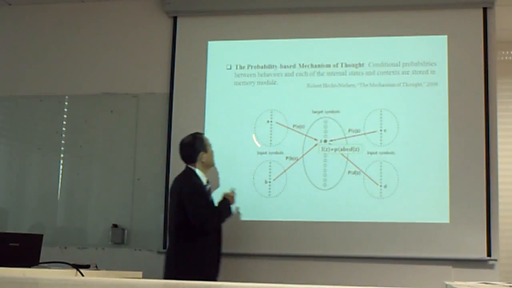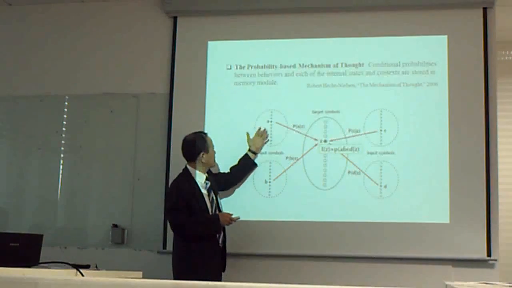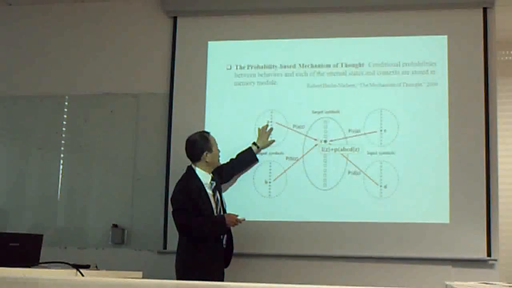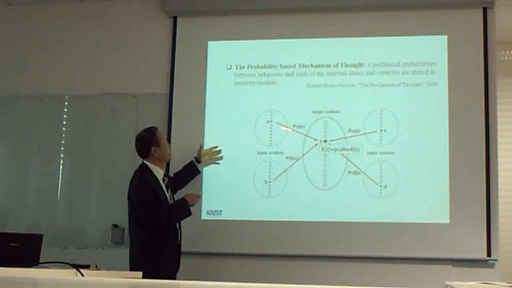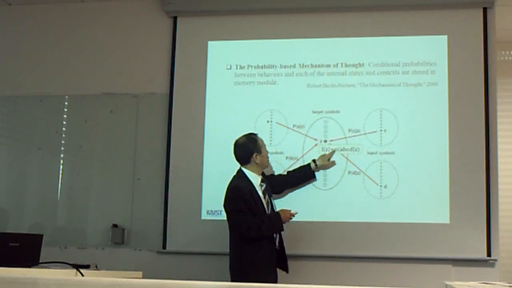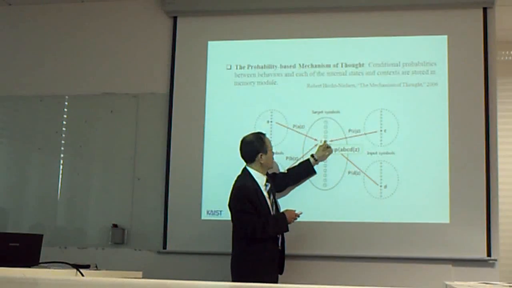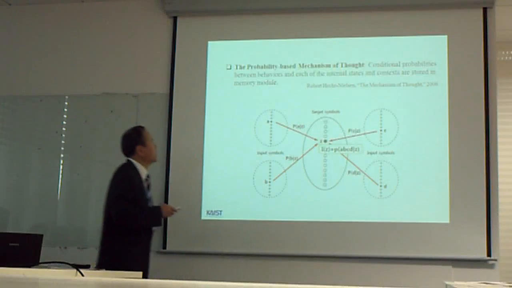So by using these input symbols, incoming perceptual information, and checking this conditional probability, this cogent, the highest one should be selected as a hypothesis.